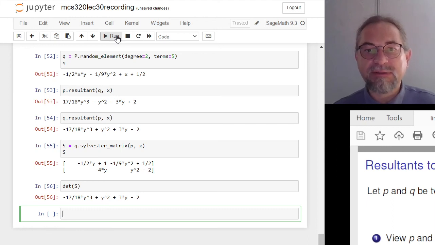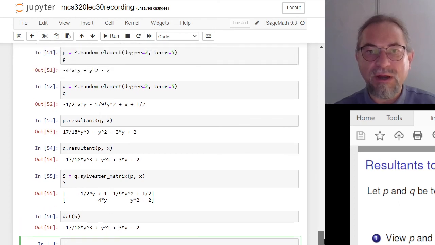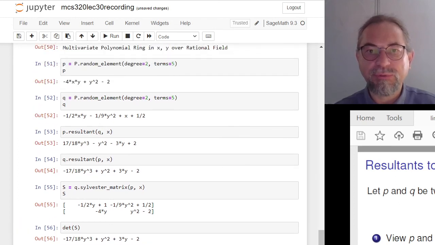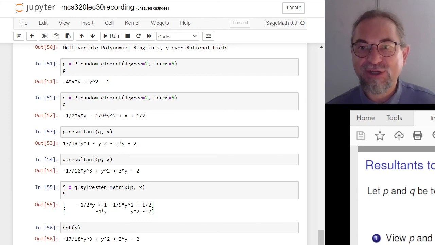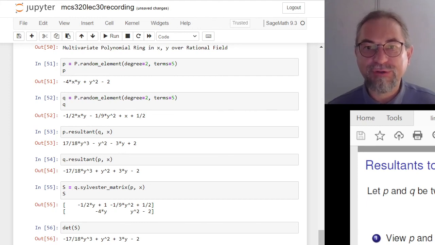So what does that give me? Well, I have a triangular form now. Let me put everything together. This is again a very short introduction, so everything fits in one short screen. I have defined two random polynomials.